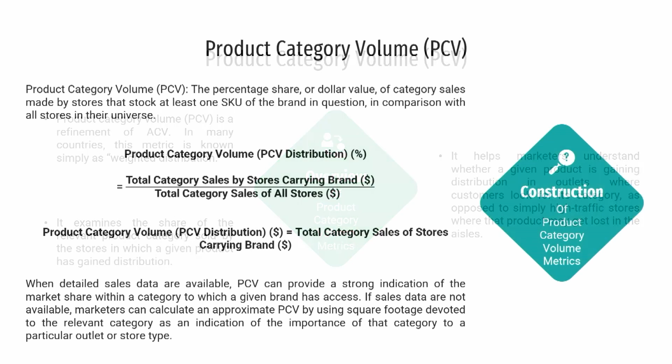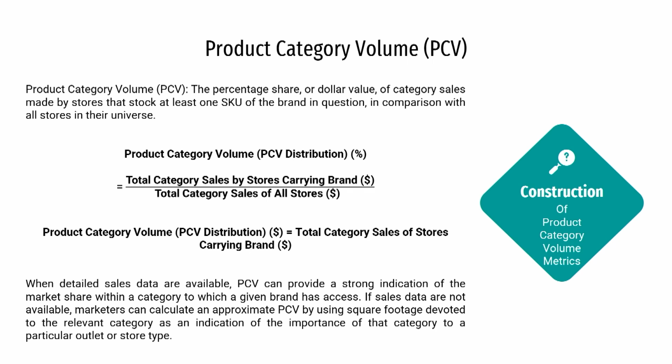Fine. So, let us look at the construction of this metric, product category volume. It is the percentage share or dollar value of the category sales made by the stores that stock at least one SKU of the brand under consideration, in comparison with all stores in their universe. So the formula is the total category sales by stores carrying that particular brand divided by the total category sales of all the stores.